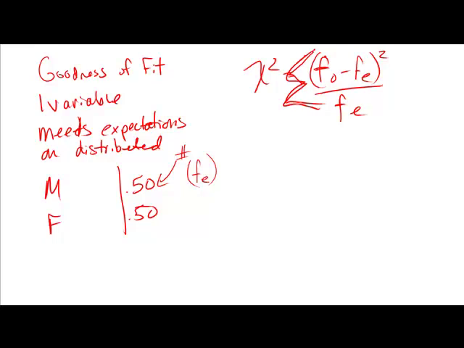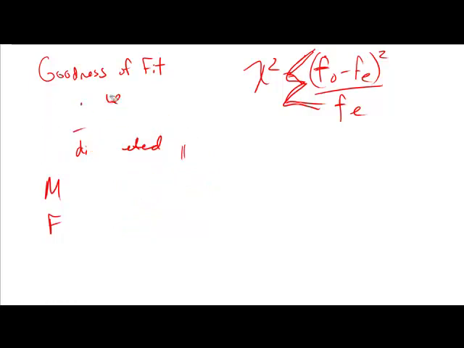Another version of the chi-square is when we have a contingency table, and that contingency table has us set up so that you have a difference between 2 groups. This is your independent variable.